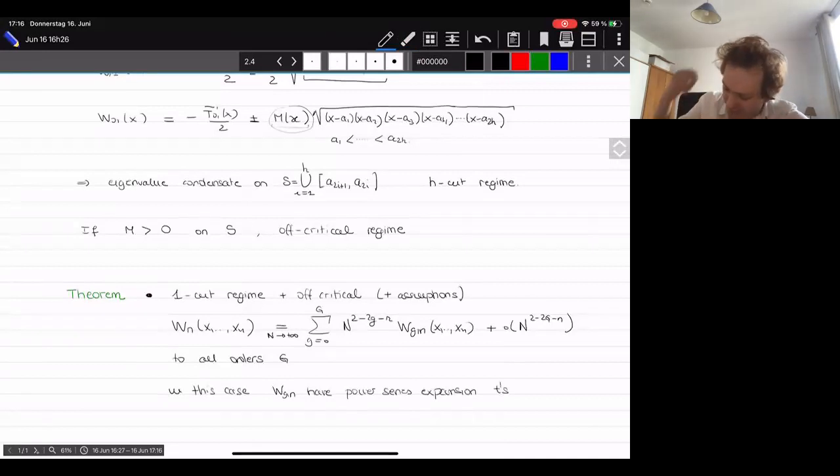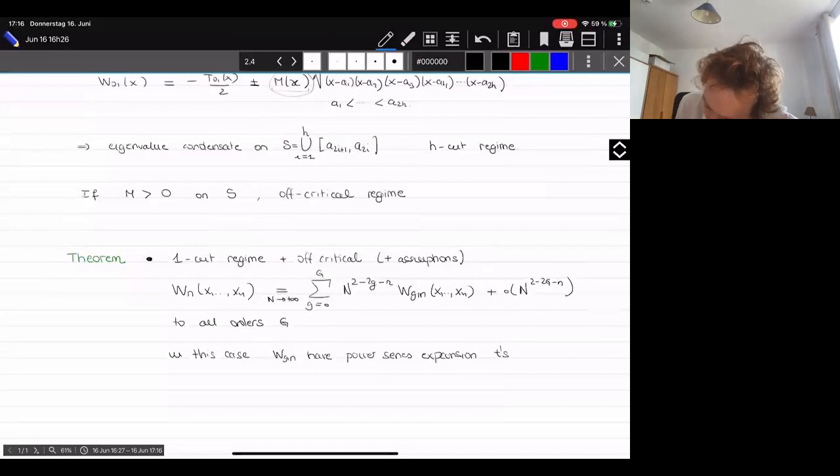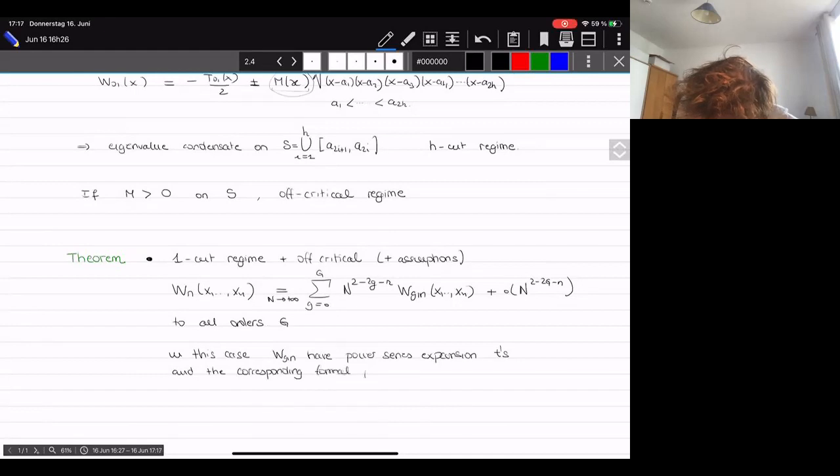So the coefficients of T01, T02, etc. And the corresponding formal power series are the generating series of maps or stuffed maps.